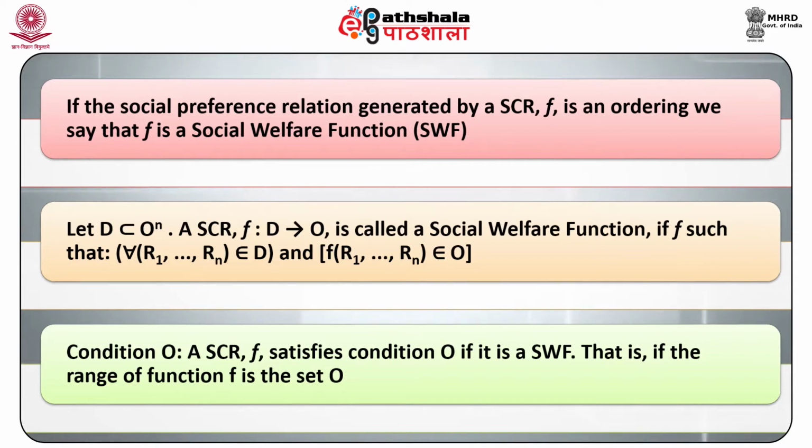A SCR f restricted to D is called a social welfare function if f maps R1 till Rn belonging to D into O. Condition O: a SCR f satisfies condition O if it is a SWF, that is, if the range of function f is the set O.